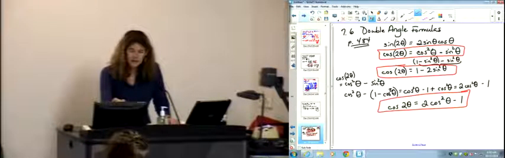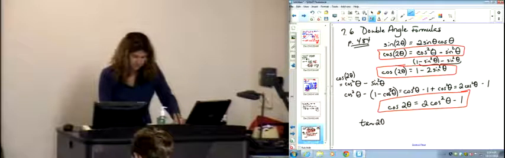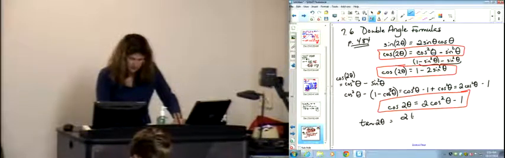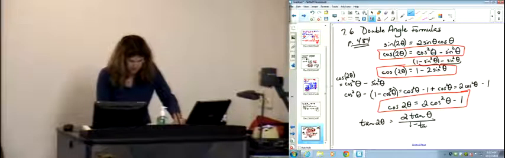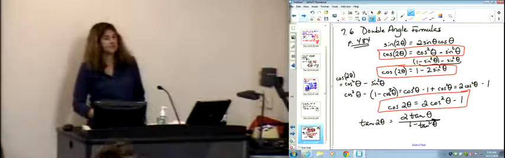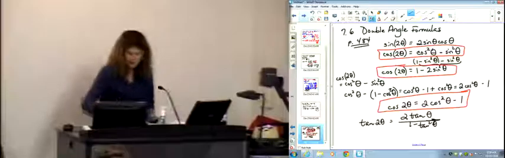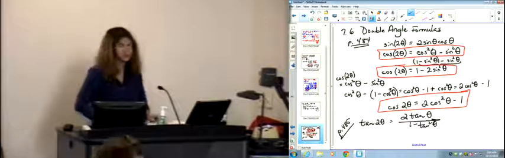And then we have the tangent of 2 theta. That's going to be 2 tangent theta over 1 minus tangent squared theta. 2 tangent theta over 1 minus tangent squared theta. And that particular formula is actually over on 485 in your textbook.